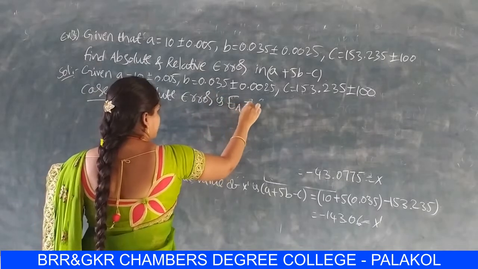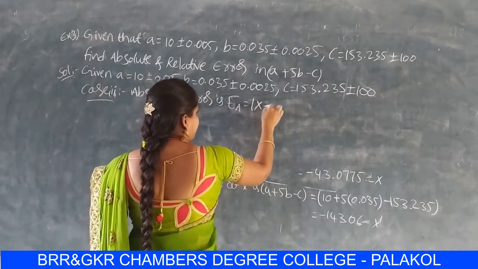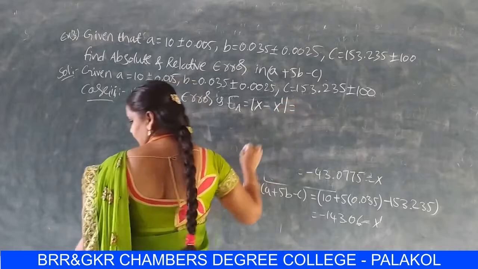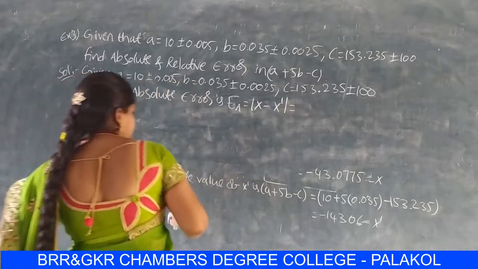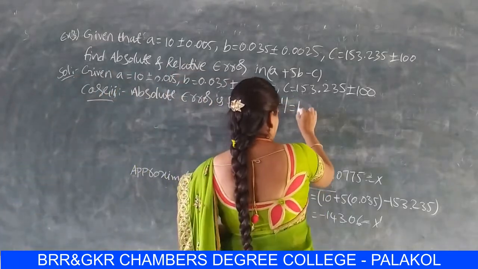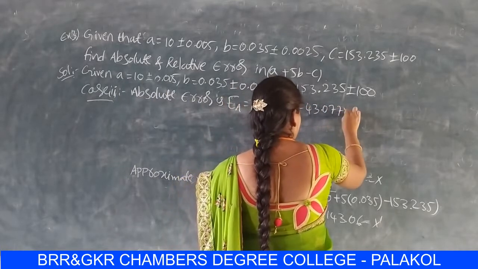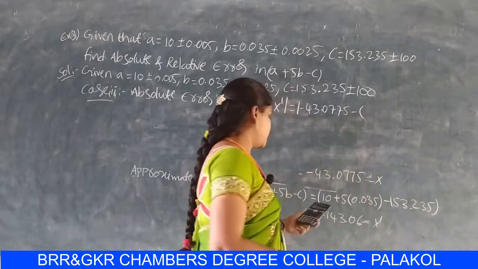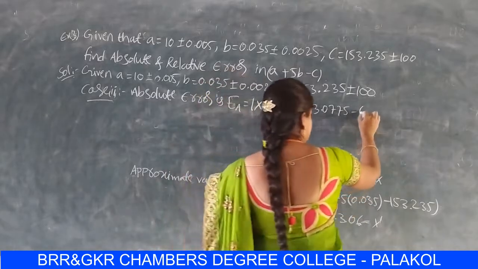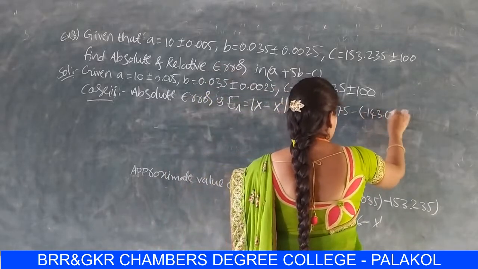EA is equal to modulus of x minus x dash, which is nothing but modulus of minus 43.0775 minus the approximate value, which is minus 143.06.